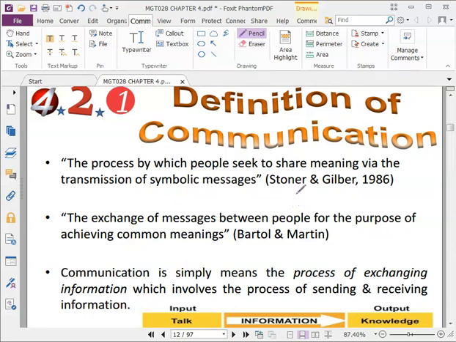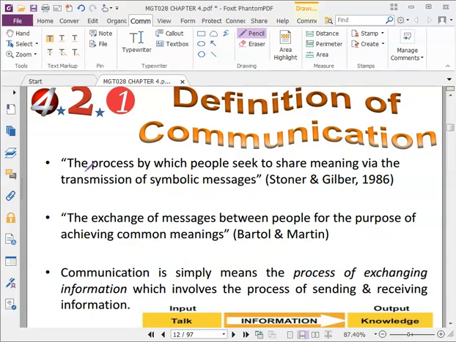Antaranya adalah Stoner and Gilbert pada tahun 1986. What they found out from their research is that communication is the process by which people seek to share meaning via the transmission of symbolic messages. Itu maksud communication based on Stoner and Gilbert.